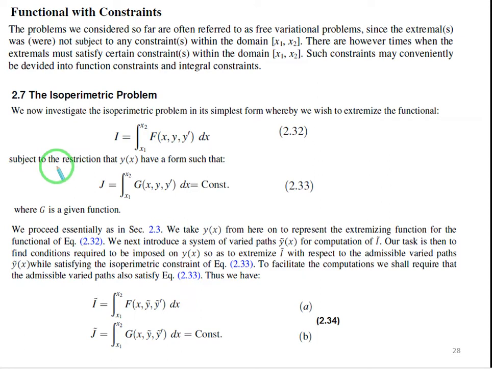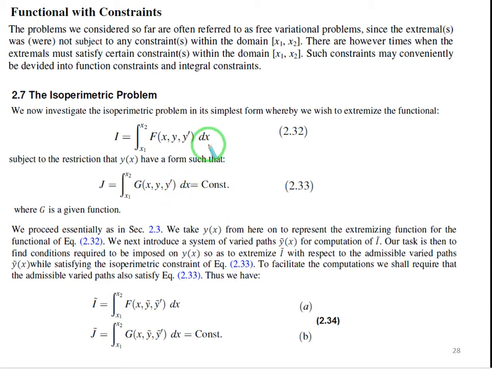There is some restriction on the function y of x, and y of x must satisfy this integration, which is known as J, integration from x1 to x2 of g of x, y, y dash dx. It must be a constant given number. This is our new problem.